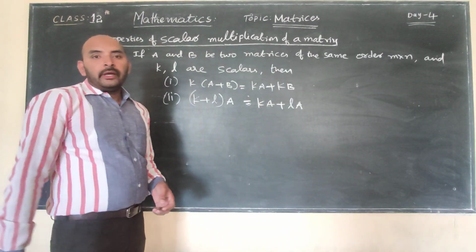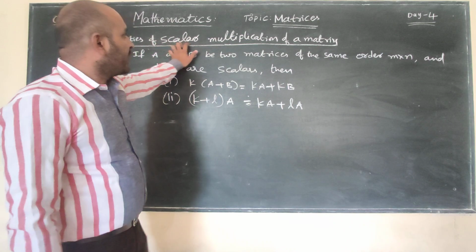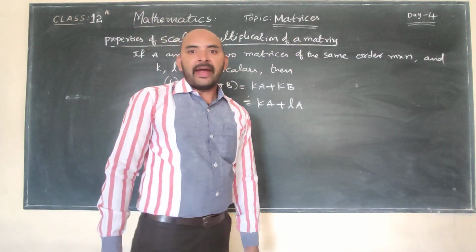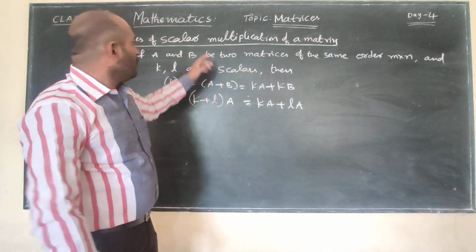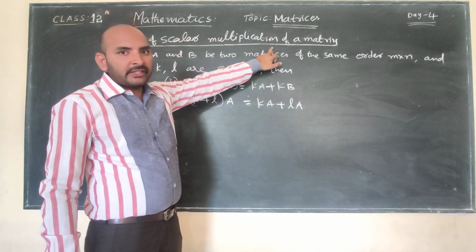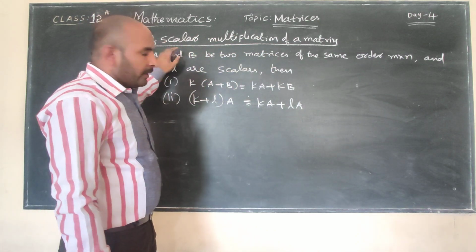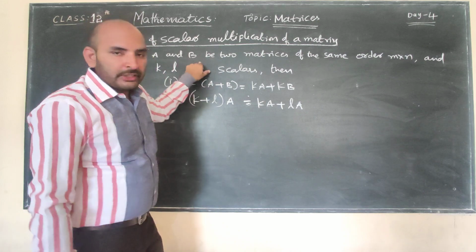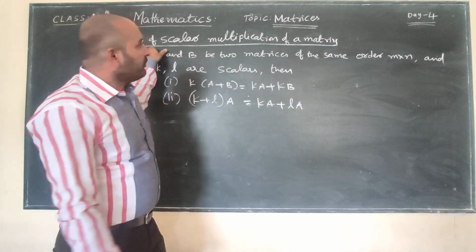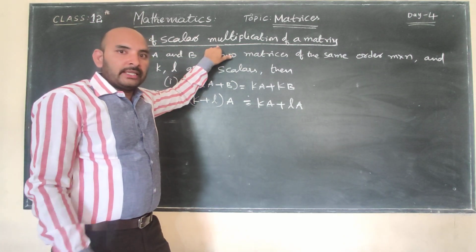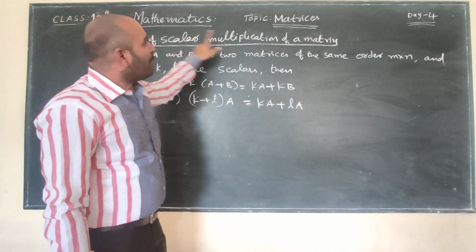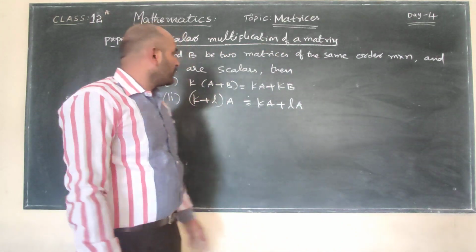Next, coming to the properties of scalar multiplication of a matrix. In the previous concept, properties of matrix addition, that is over. Now, scalar multiplication of a matrix.